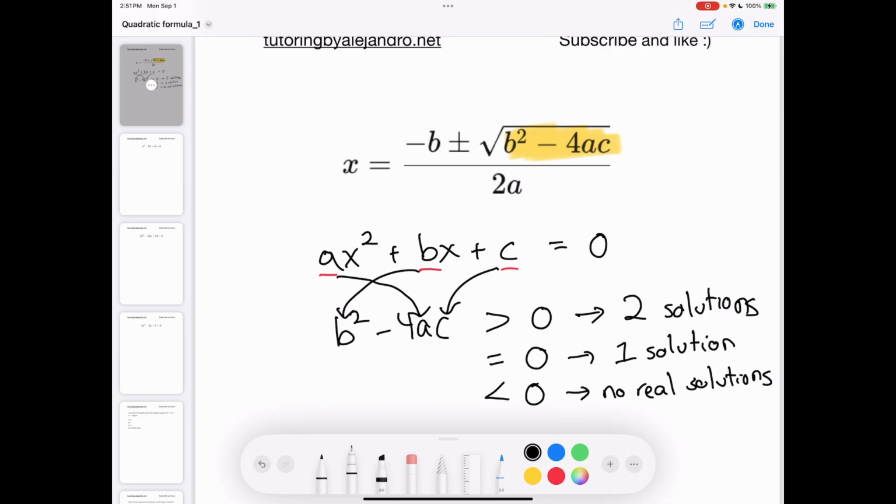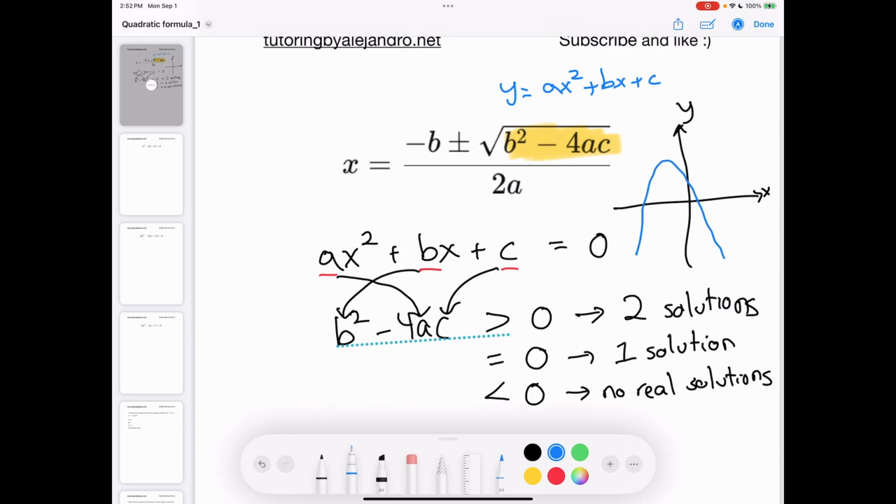And by solutions, you can imagine this as a graph, right? A quadratic equation models a quadratic function, which is sort of like a parabola, like a U-shape. So if I have my x and my y-axis, and I plot a function of the form y equals ax squared plus bx plus c, I'm not going to give any specific numbers, but I'm going to get something like a U-shape, right?